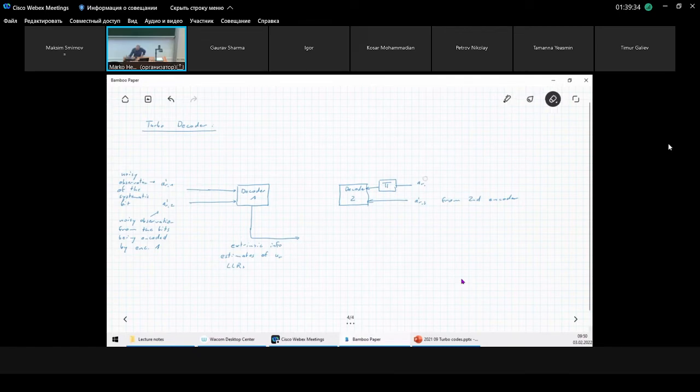Also here we use the noisy observations, but we need to make sure that we use the sequence in the correct order.